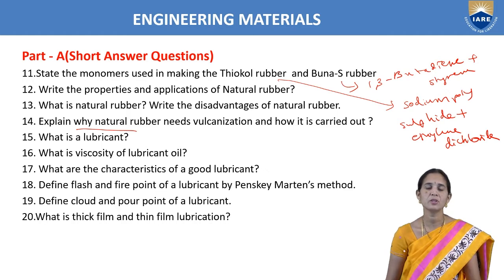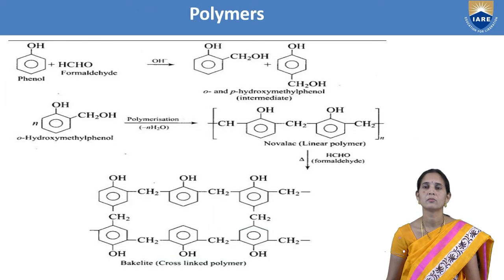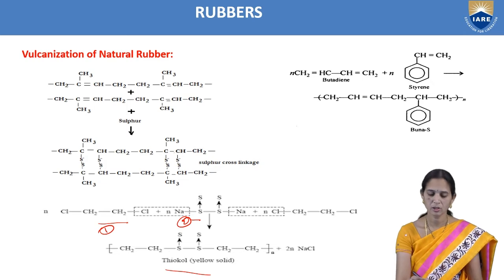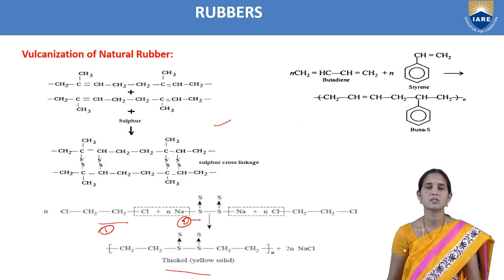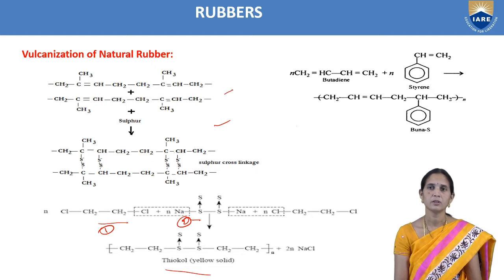How it is carried out means we have to write the process. So this is the vulcanization process. We have to write these reactions. We are taking here raw rubber. This is the polyisoprene. We are adding sulfur.